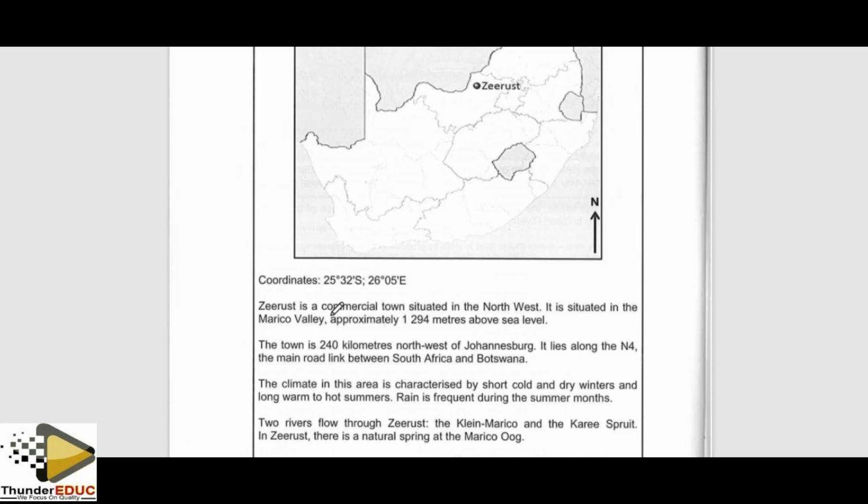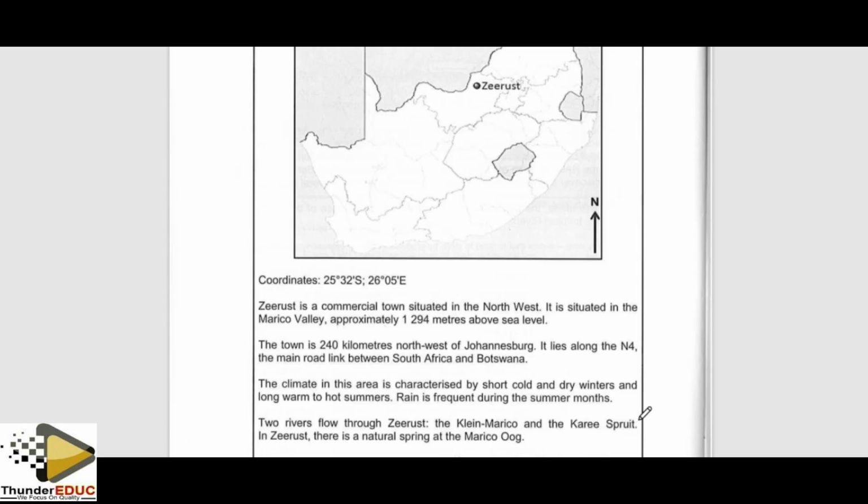It lies along the N4, the main road link between South Africa and Botswana. The climate is characterized by short, cold, dry winters and long, warm to hot summers. Rain is frequent during the summer months. Two rivers flow through Zeerust, the Klein Marico and the Kareespruit. There is a natural spring at the Marico Oog. That information is very relevant, so please don't jump it, read it.